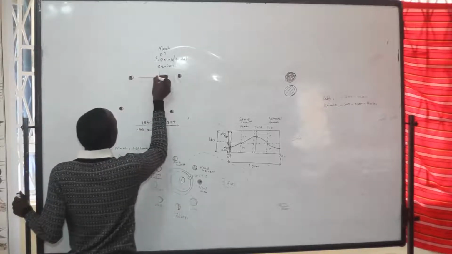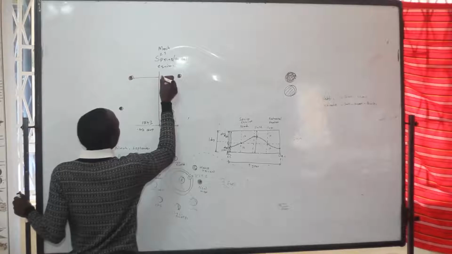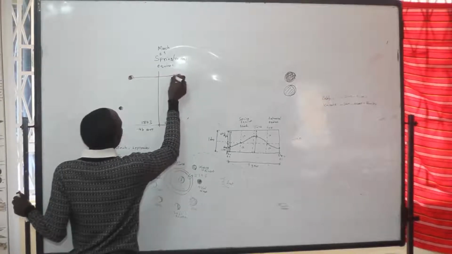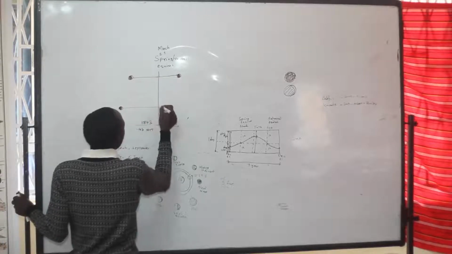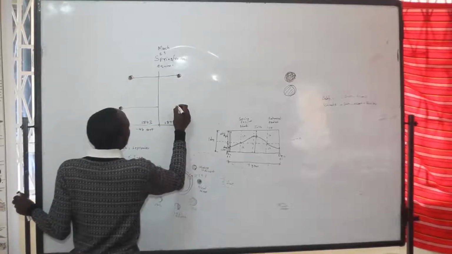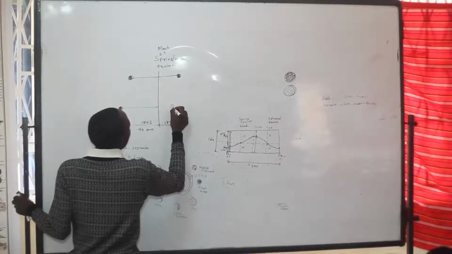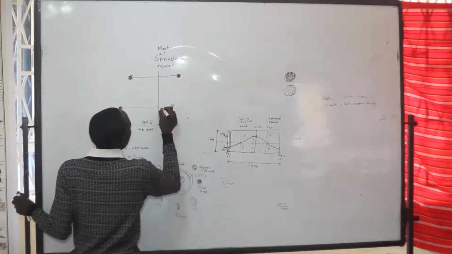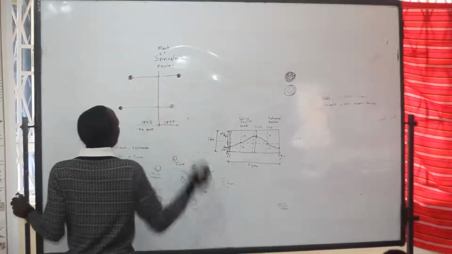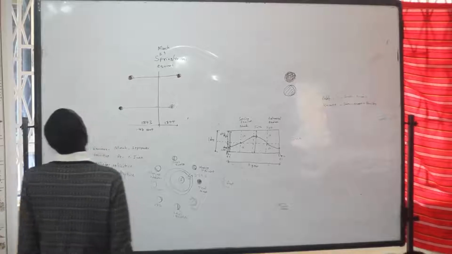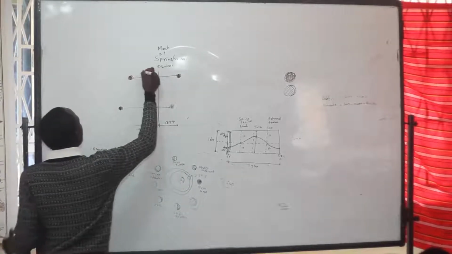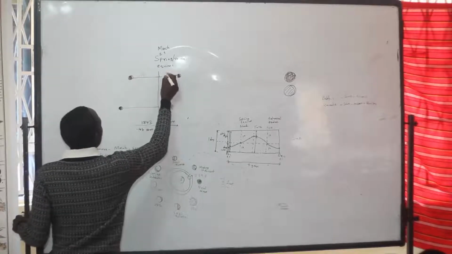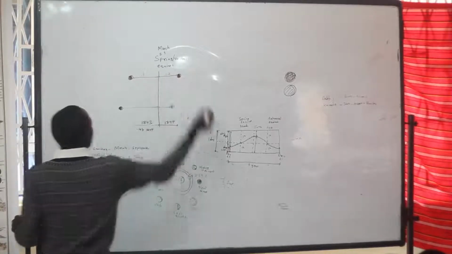I want us to mark some things. So let's say, for example, this one is 17 days, and this one is, let's say, 13 days.